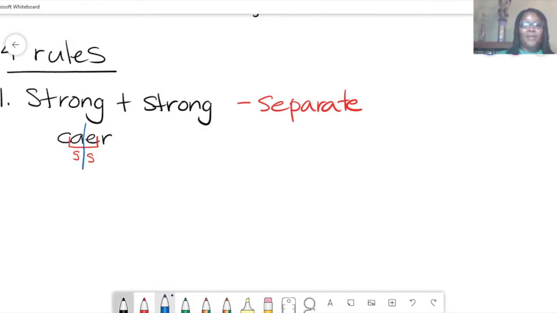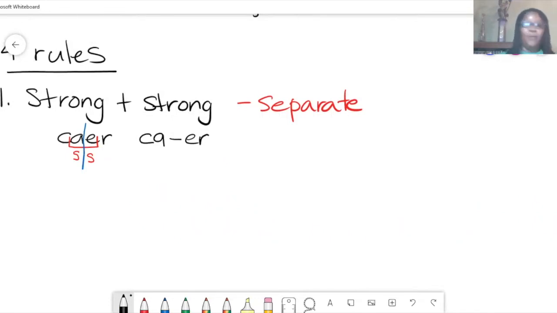So you end up with two syllables, ka, er, and you're going to hear both vowels because they are in two separate syllables. Ka, er. Say it running together until you get the pronunciation correct.